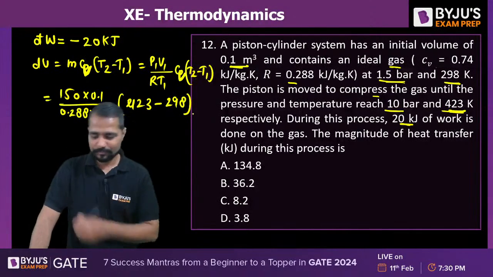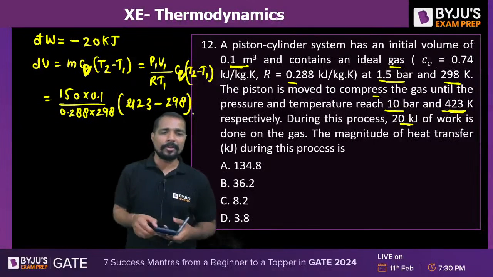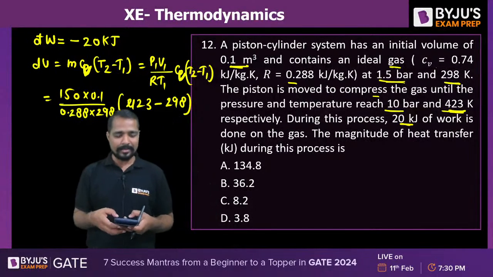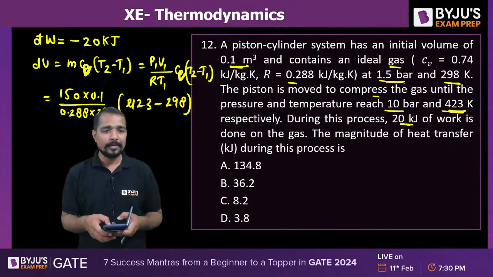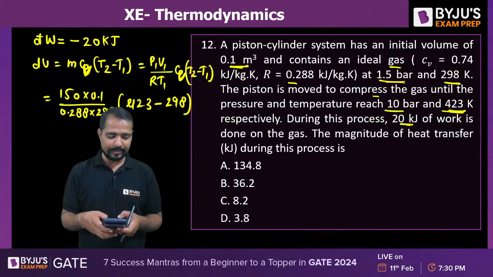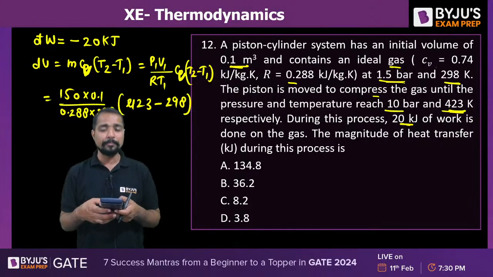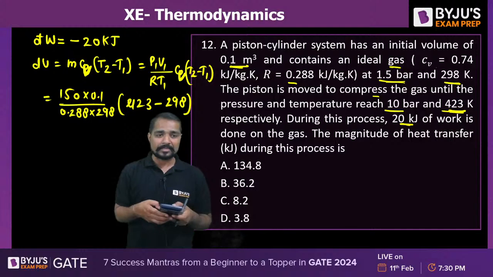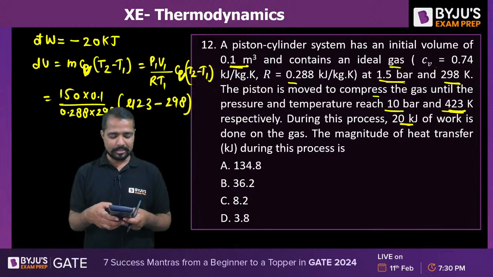What is the numerical value we are all getting? 423 minus 298, multiply by 150, multiply by 0.1, divided by 0.288, divided by 298.